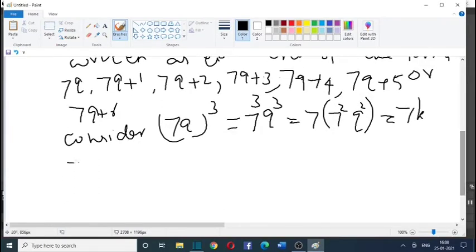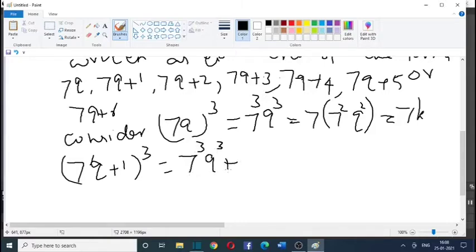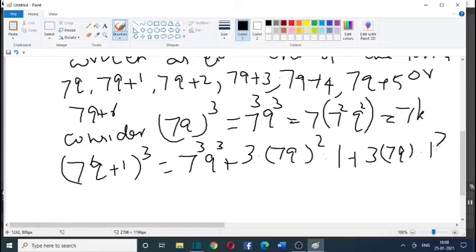Now consider (7q plus 1) all cube. (a plus b) all cube is a cube plus 3a square b plus 3ab square plus b cube. So 7 cube q cube plus 3 into (7q) all square into 1 plus 3 into 7q into 1 square plus 1 cube.